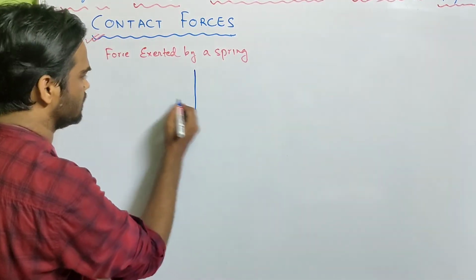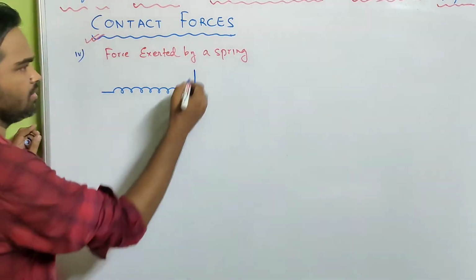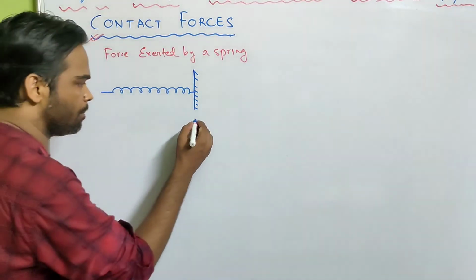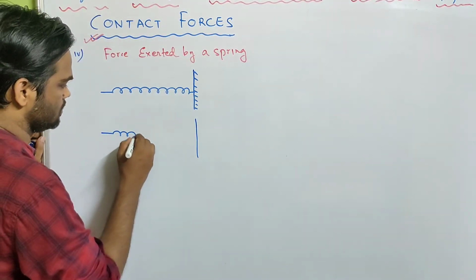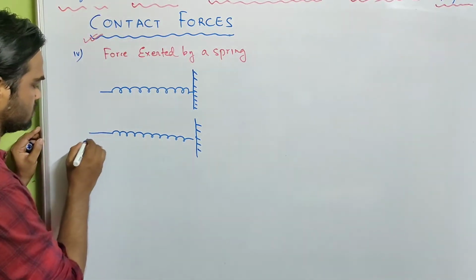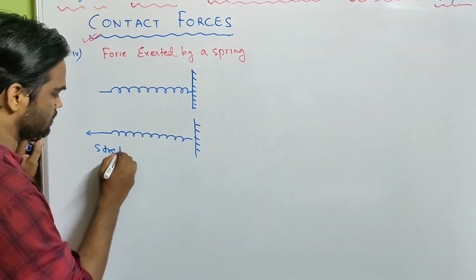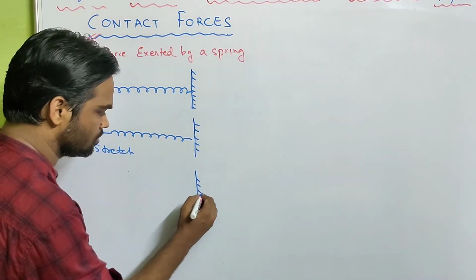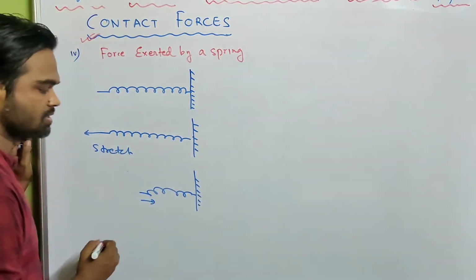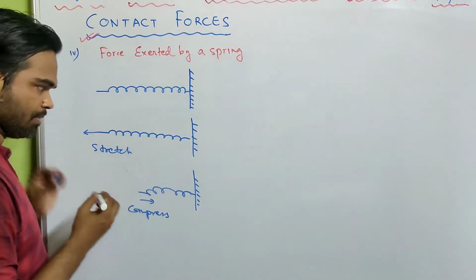Now consider a case where a spring has one end fixed to a rigid support. Now, if you try to stretch it, suppose I'm stretching it, increasing the length, or you try to compress the spring, then what happens?